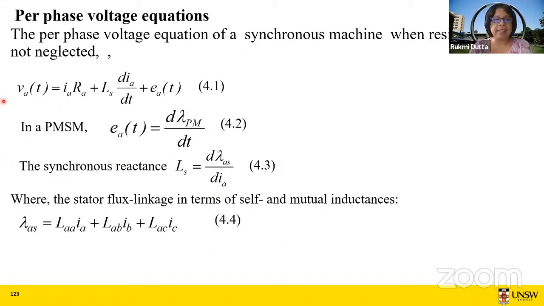And this time domain equation, as you can see, can be used for designing a controller because it has dynamic terms. The dynamic terms are the terms that change with time. So this equation can be used to design a controller.